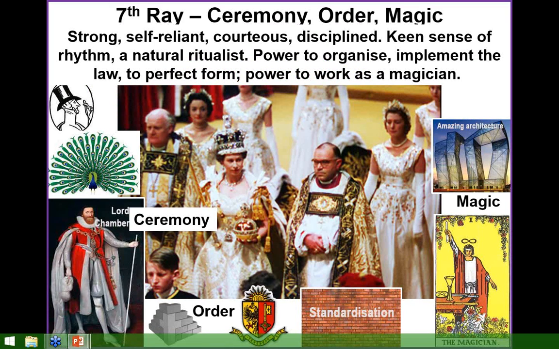Okay, so seventh ray ceremony, order and magic, and my most favourite seventh ray type in the world, I think, is Queen Elizabeth II. Probably first ray there, but seventh ray. And the reason that I say seventh ray is she is so courteous and disciplined. She's never displayed those negatives of the first ray.